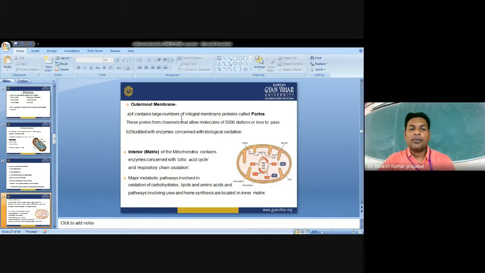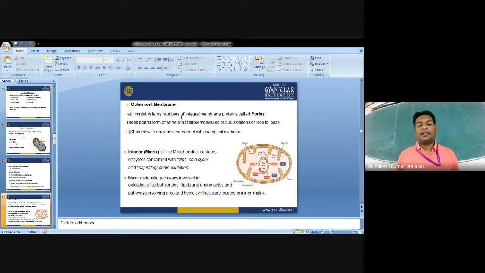They also contain some enzymes concerned with biological oxidations. There are some enzymes which are present in the outer membrane.